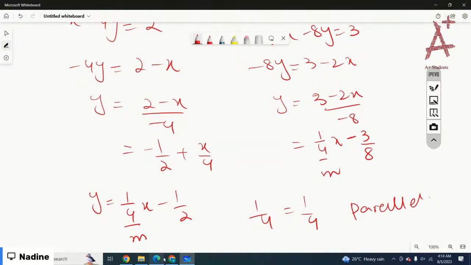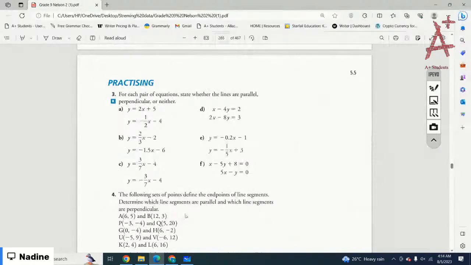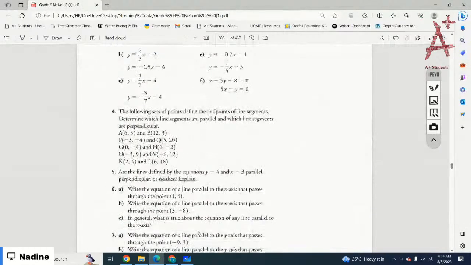Okay, let's just look at question number 4. The following set of points define the endpoints of a line segment. Determine which line segments are parallel and which line segments are perpendicular. Okay, you are given the 2 points. You have to see if the lines are parallel or perpendicular, right?